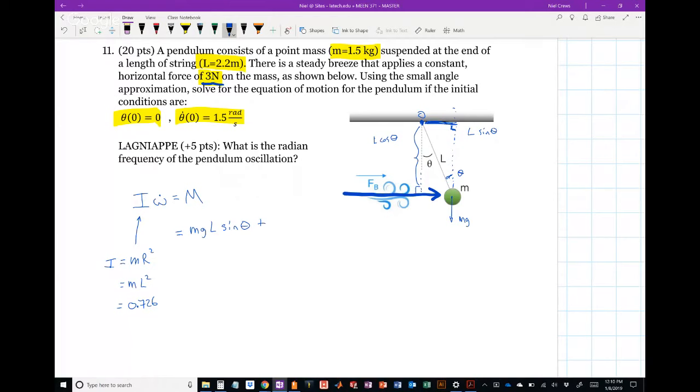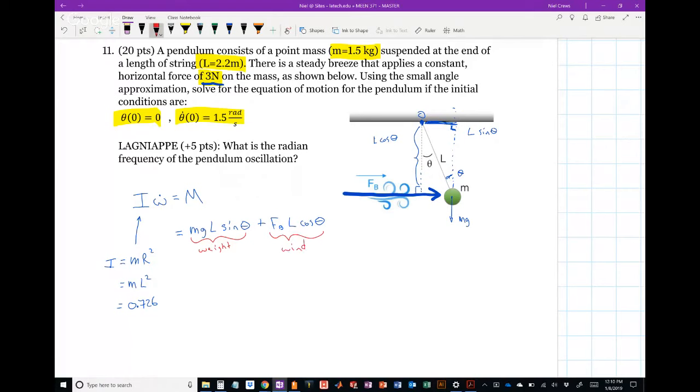Okay, so we have this term for the weight of the pendulum, and then we have F_B L cosine theta, which is due to the wind.